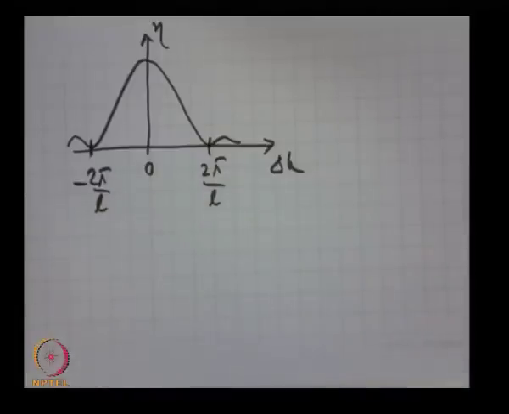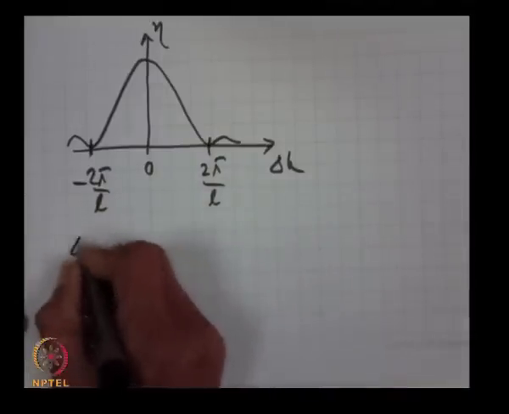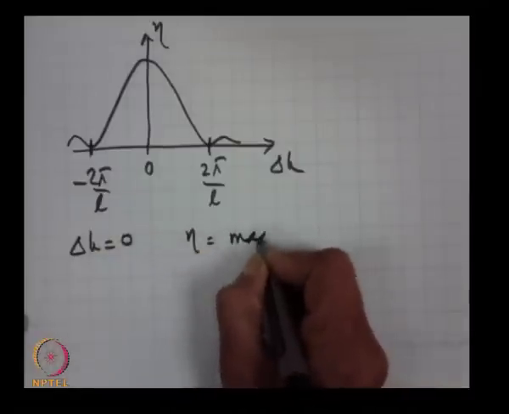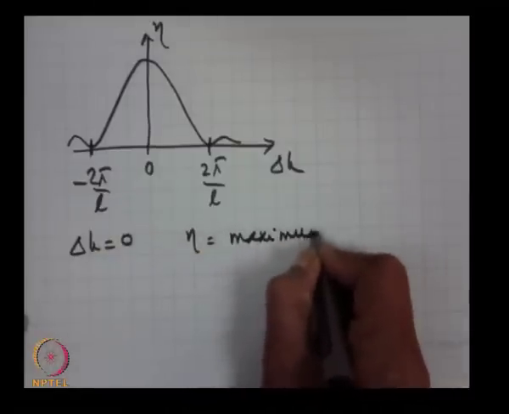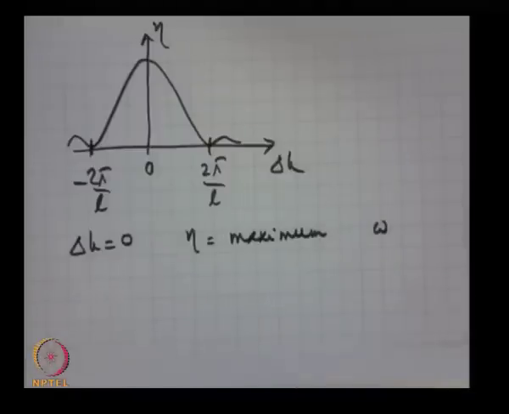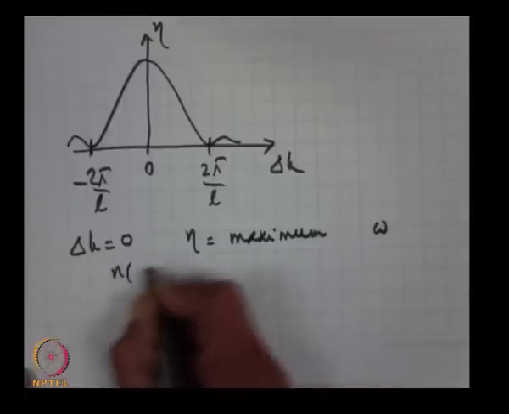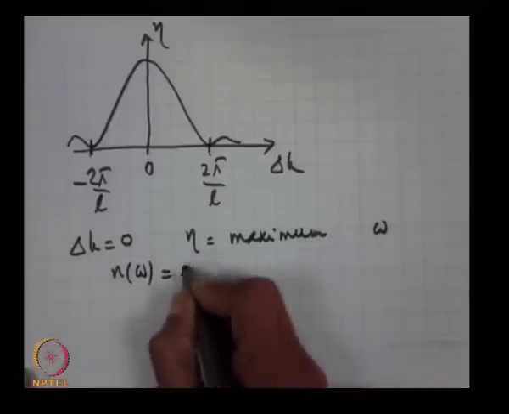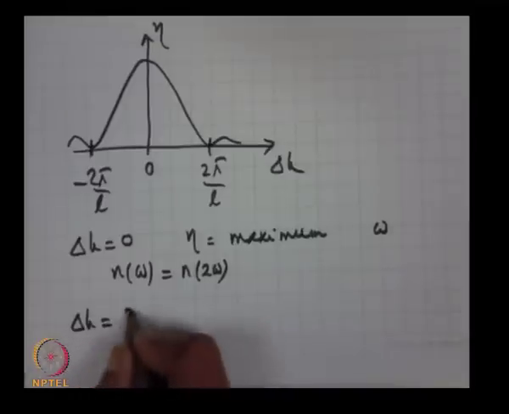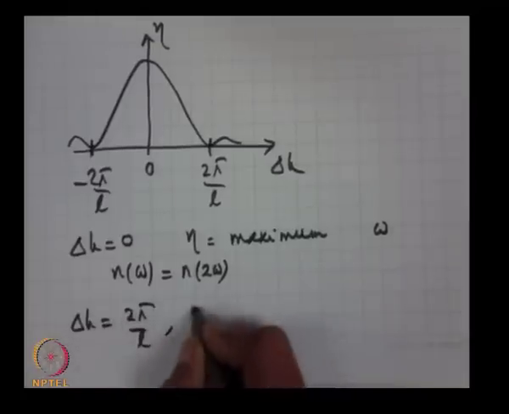So, which means that at delta k equal to 0, eta is maximum, and this corresponds to what? One particular omega value, some omega value for which n of omega is equal to n of 2 omega. Now, if delta k is equal to 2 pi by L, the efficiency becomes 0.